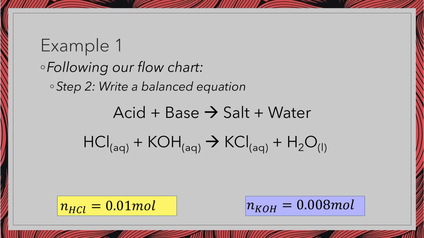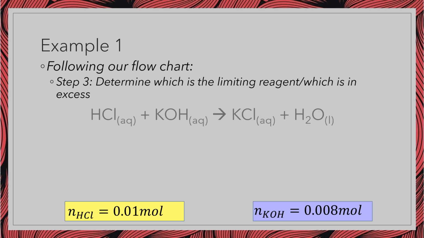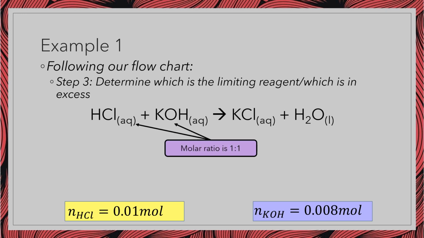Is that balanced? Yes, there are 2 hydrogens on both sides, 1 chlorine, 1 potassium, and 1 oxygen on both sides. So that's all balanced and we don't need to do anything to it. We can see that it's 1 to 1, so for every mole of HCl that reacts, 1 mole of potassium hydroxide will react.